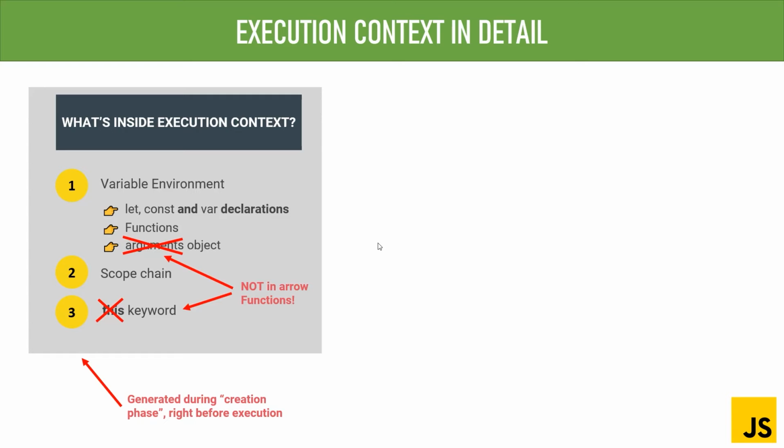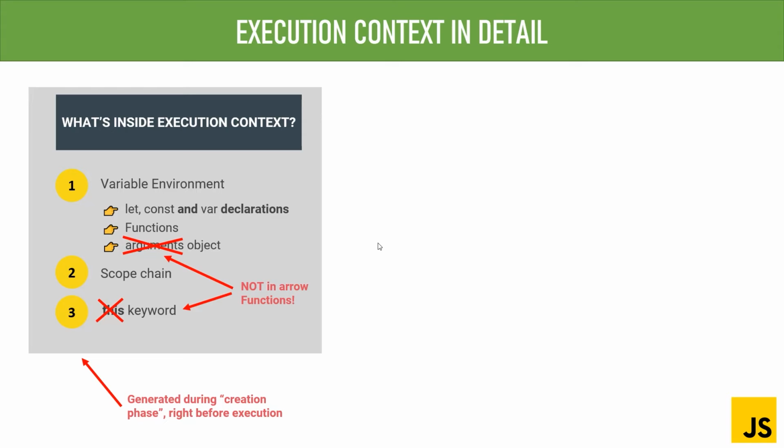Instead, they can use the arguments object and this keyword from their closest regular function parent. And this is an extremely important detail to remember about arrow functions, and we'll come back to it later. So these are the things that are necessary to run each function as well as the code in the top level. Now, behind the scenes, it's actually even more complex, but I think we are fine like this, aren't we?